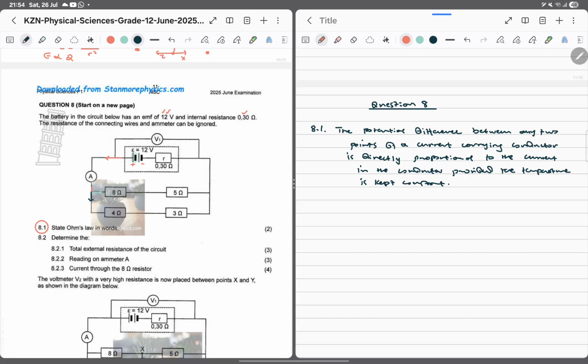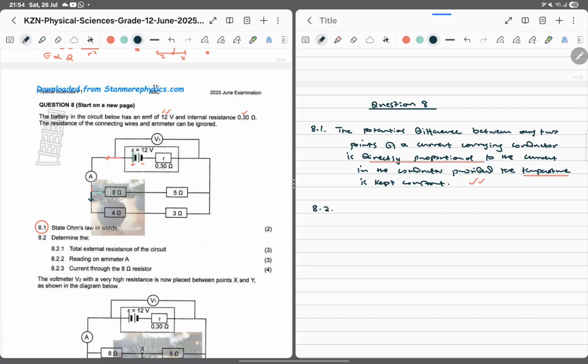Again, it's a very wordy definition, so 2 marks is okay. But this is all about this direct proportionality while the temperature is maintained, because temperature in effect is a surrogate for resistance in this scenario.